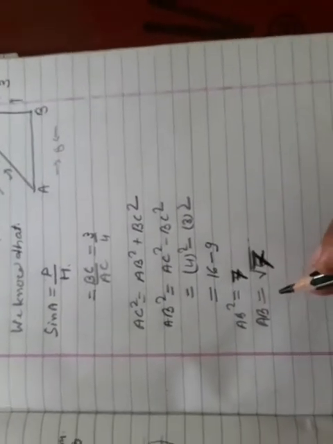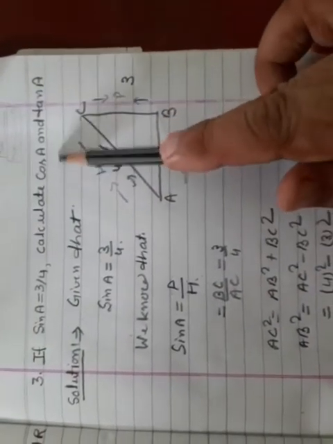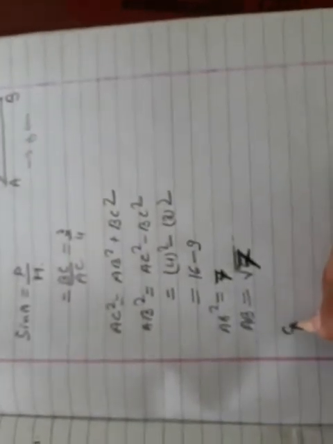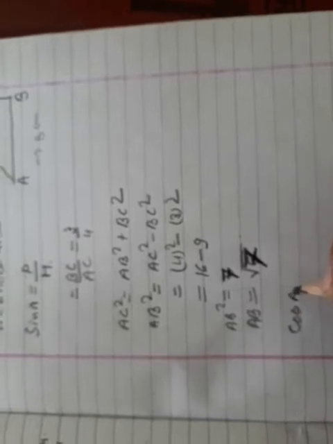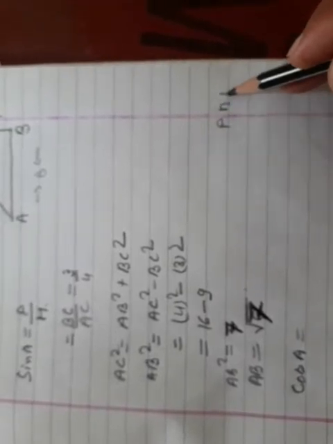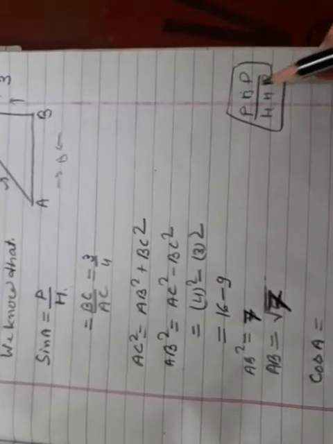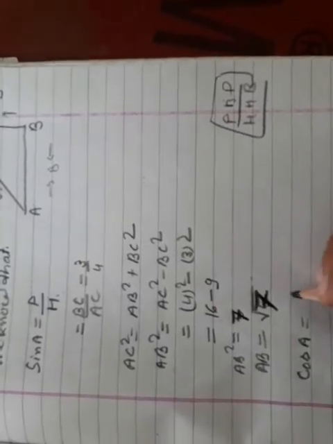So what we find here in the question, cos A and tan A. Find here cos A and tan A. So cos A. Cos is equal to B by H. B by H means base upon hypotenuse.